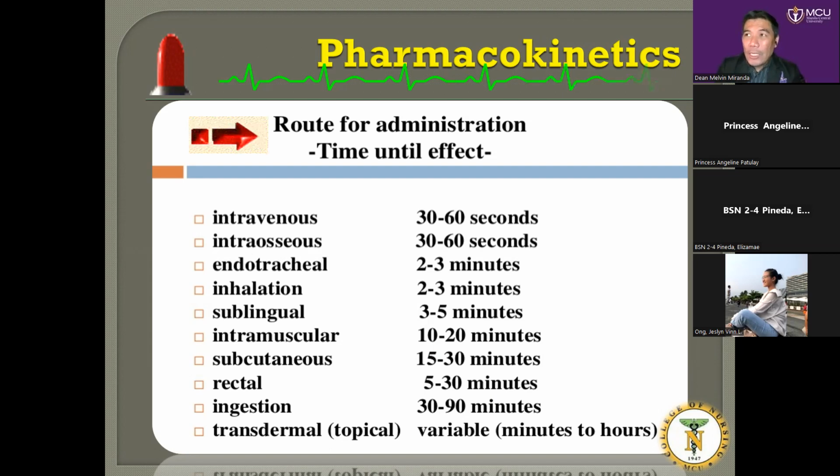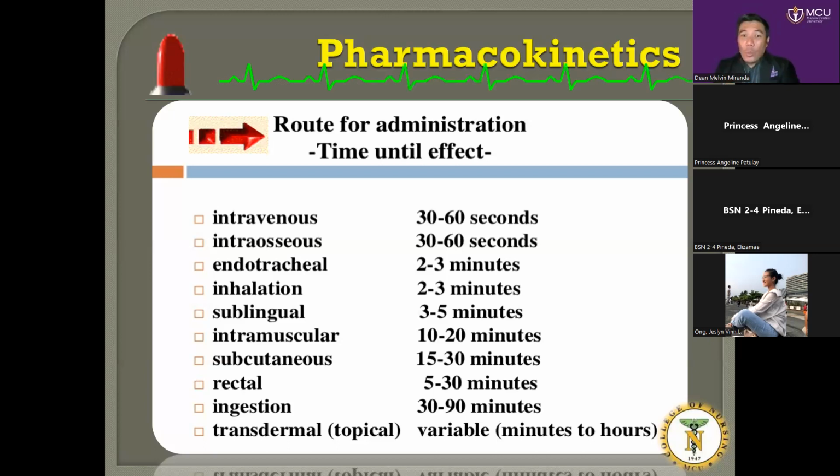For endotracheal, and inhalation. Pag endotracheal, if you've seen individuals who may have tube inserted in the mouth, that is directed to the trachea. Yun, ibig sabihin directed to the airway passages and the airway. So, endotracheal and inhalation could be via those drugs such as anesthetics, use of the oxygen mask, so nebulization, yan yung mga inhalation.